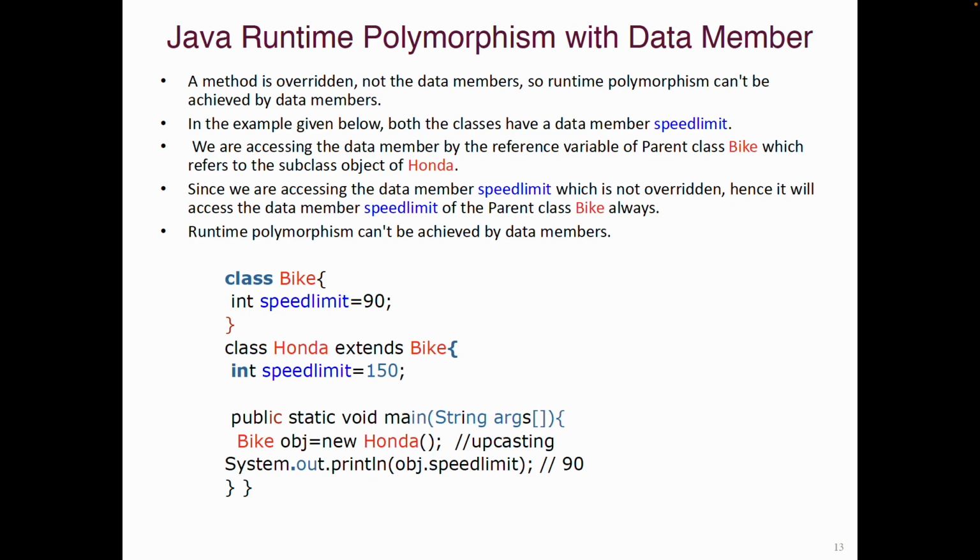And then when I create this polymorphic object, which says Bike obj = new Honda, now this is a polymorphic object, not fully Honda, not fully Bike. But when I'm trying to print its attribute, obj.speedLimit, it doesn't print 150, it prints 90. So polymorphism applies only to the methods, but not to the attributes.